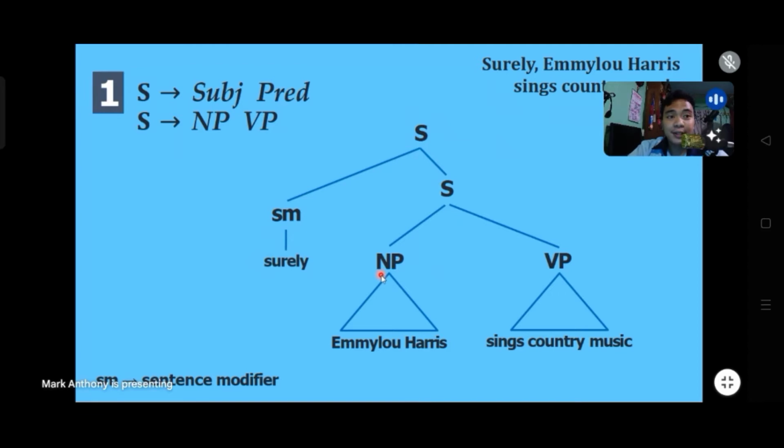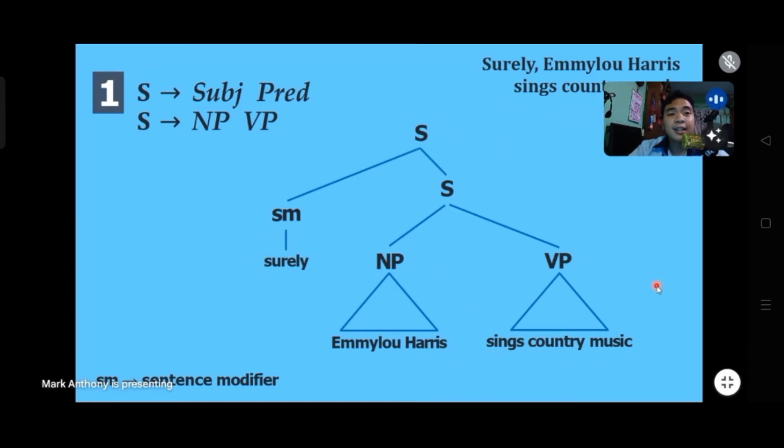The noun phrase contains the noun, pertaining to Emmylou Harris, while the verb phrase refers to the verb present in the sentence, which is "sings country music."